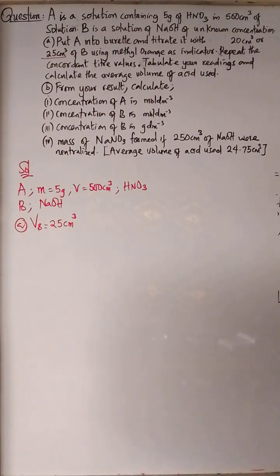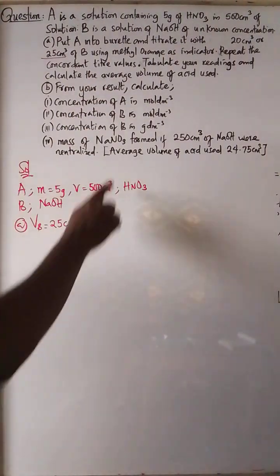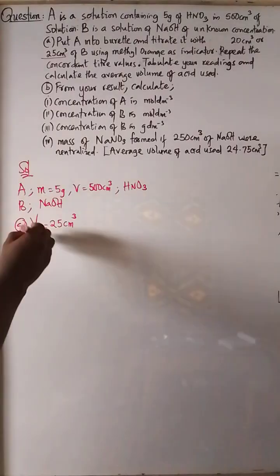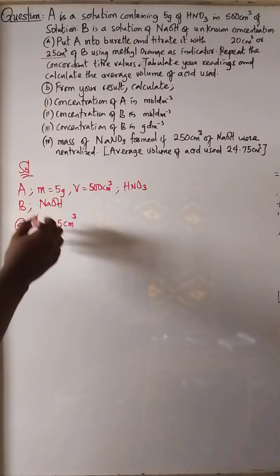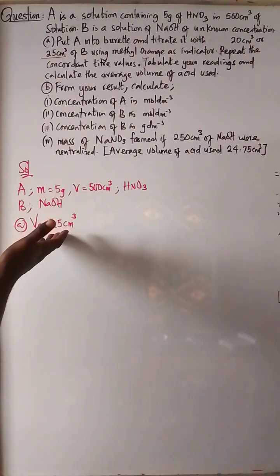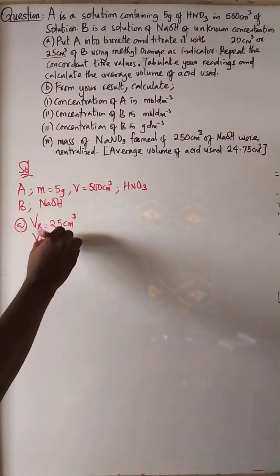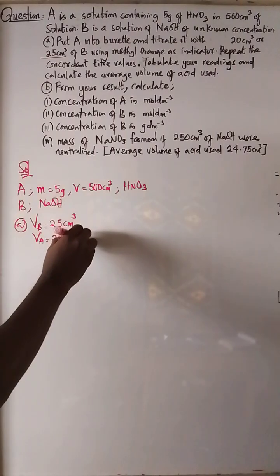But in this case, it is an alternative practical, so you should be given the average volume of acid used. That's VA. The essence of the first part is to know the volume of acid that will neutralize 25 cm3 of that base, which in this case is given to be 24.75 cm3.